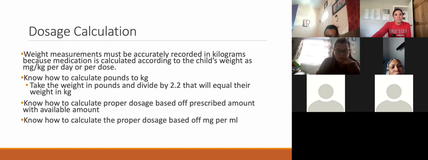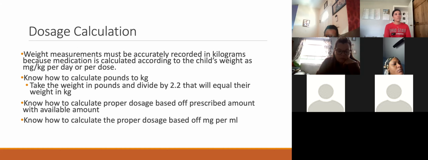And then last but not least, we have our same 5 dosage calculation questions that we have on every exam. So make sure that you are familiar with converting pounds to kilograms, being able to use those weight measurements to calculate how many milligrams per kilogram per day or how many milligrams per kilogram per dose.